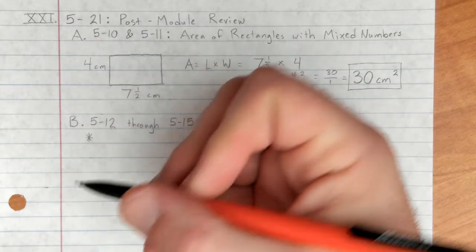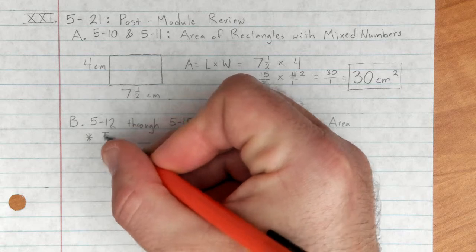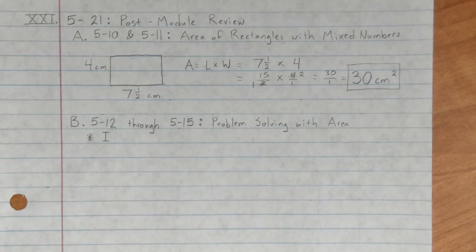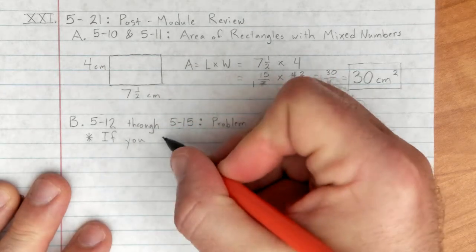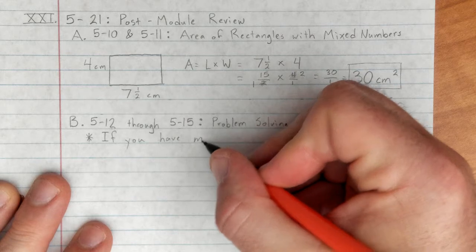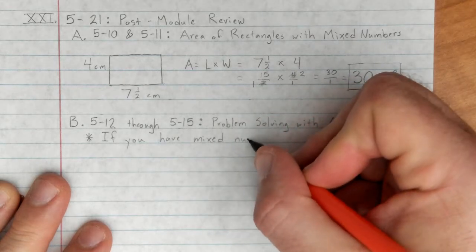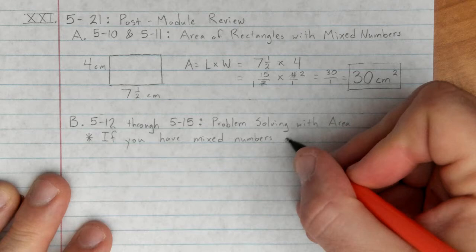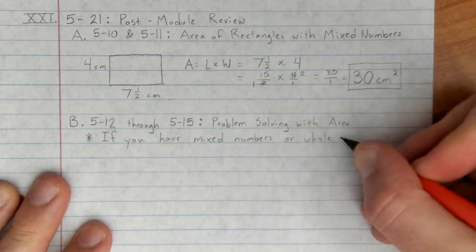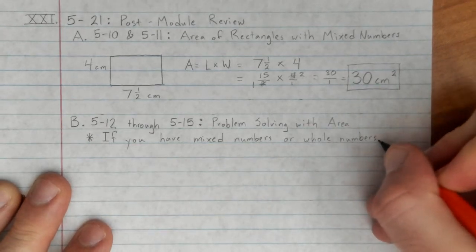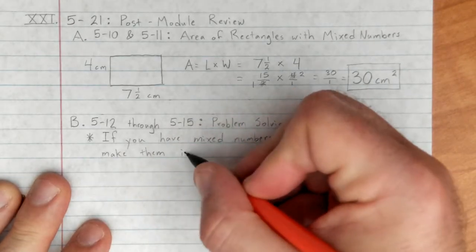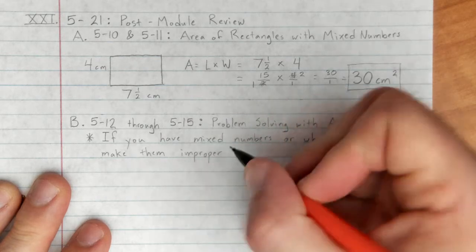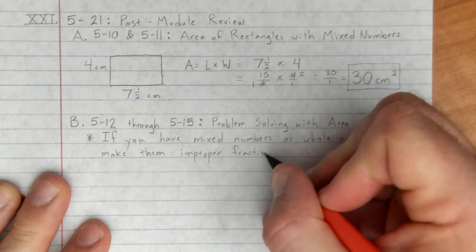if you can solve word problems, and actually let's start with this. Sorry, folks. Okay? If you have mixed numbers or whole numbers, make them improper fractions.